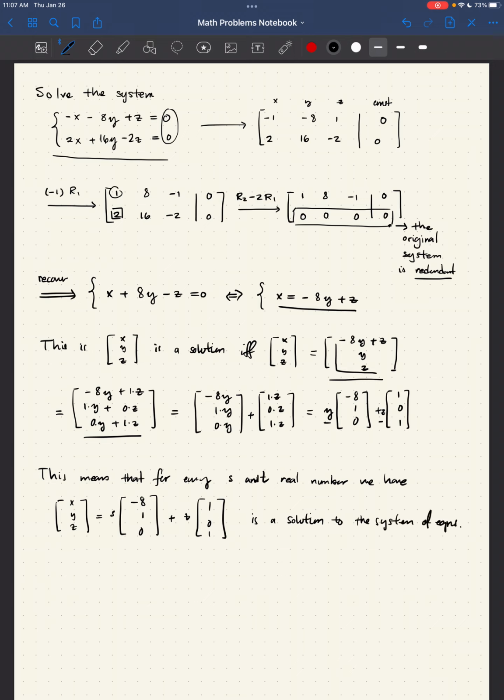In other words, what we have done is that we parameterize the collection of solutions by these two numbers. I hope that you enjoy it. Take care.